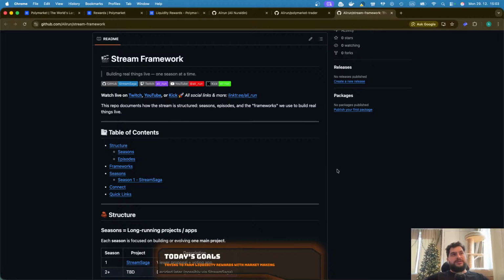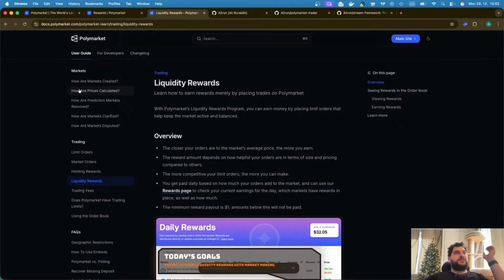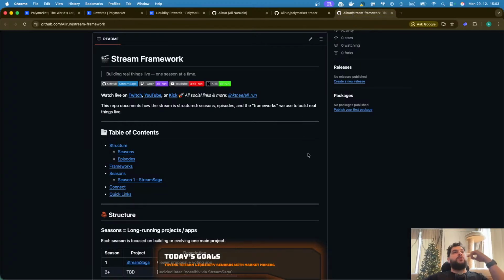We started with learning the basic concepts of what it is. We walked through the documentation, through the user guides, through the developers guides, and then we also started writing some code.